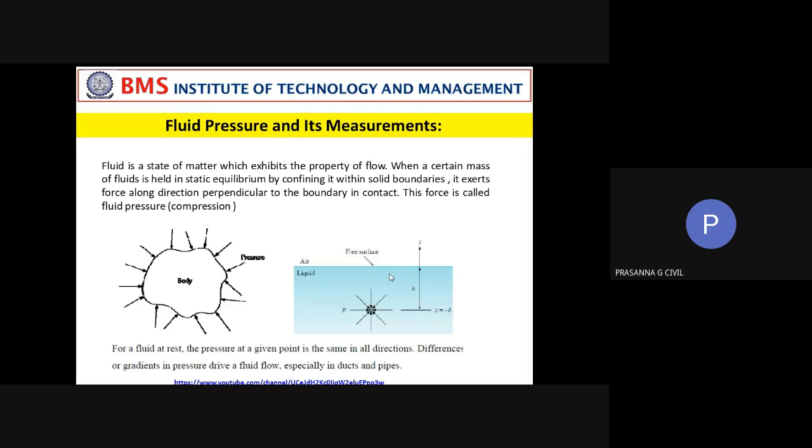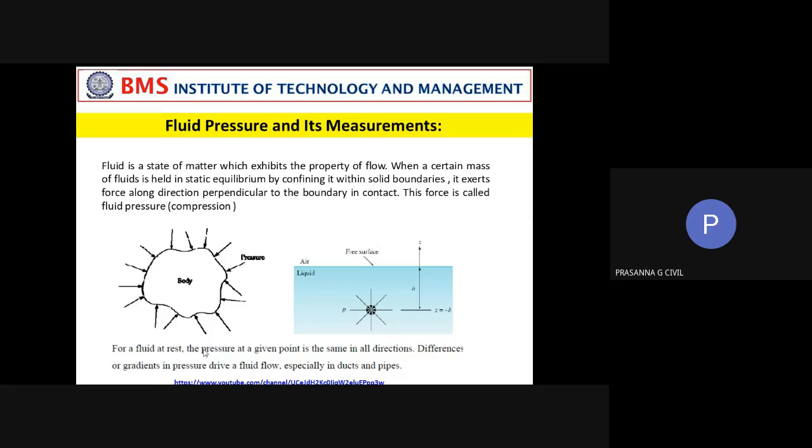When there is a pressure acting on a fluid, it is uniform in all directions. Fluid is a state of matter which exhibits a property of flow. When a certain mass of fluid is held in static equilibrium by confining it with solid boundaries, it exerts forces along the directions perpendicular to the boundary in contact, and that fluid force is called fluid pressure, which is like a compressive force.